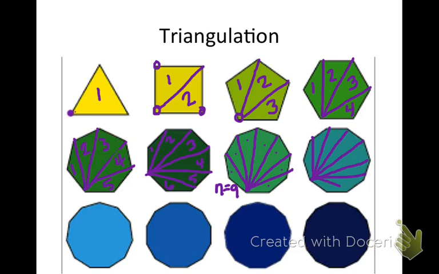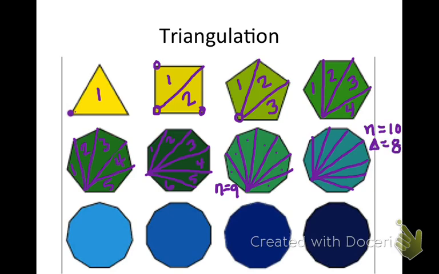And you can see that not only does it become a difficult process to draw the polygon, it becomes difficult to then triangulate it as well. So when you have 10 sides, you have 8 triangles. So here n was equal to 10, and triangles are equal to 8.